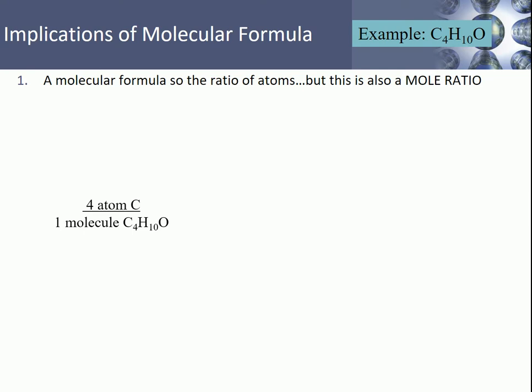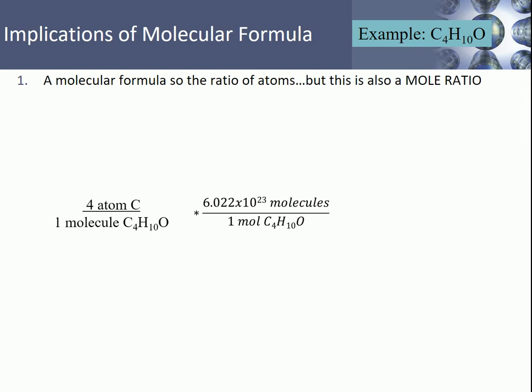So I can set up an equivalent statement, a conversion factor that says for every 1 molecule of C4H10O I have 4 atoms of carbon. And if we recall Avogadro's number, then I can convert the molecules of C4H10O into moles using Avogadro's number.